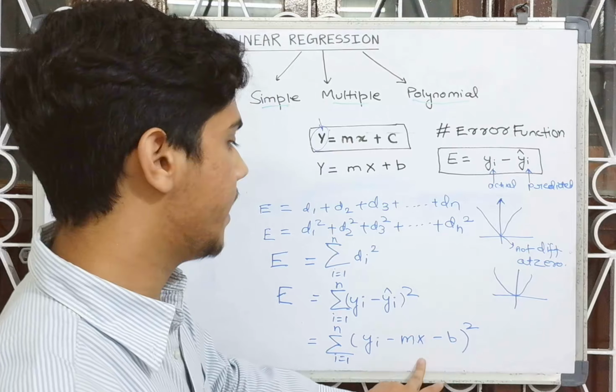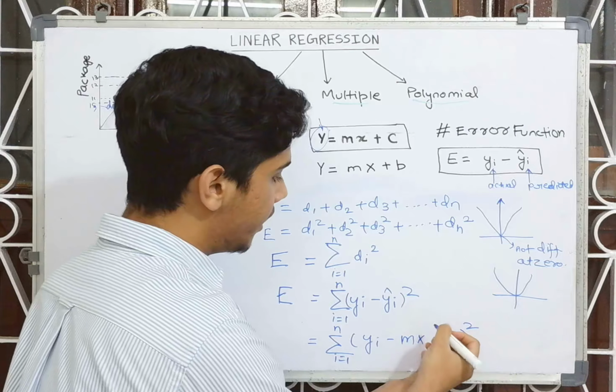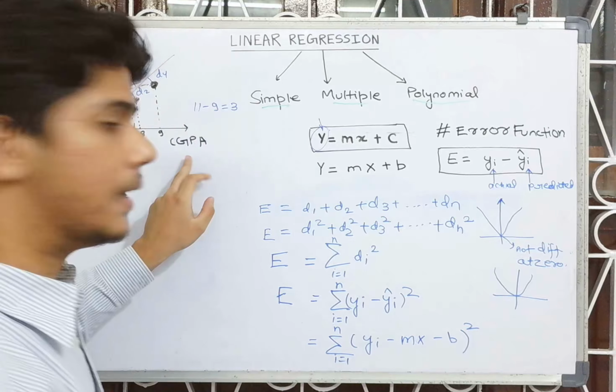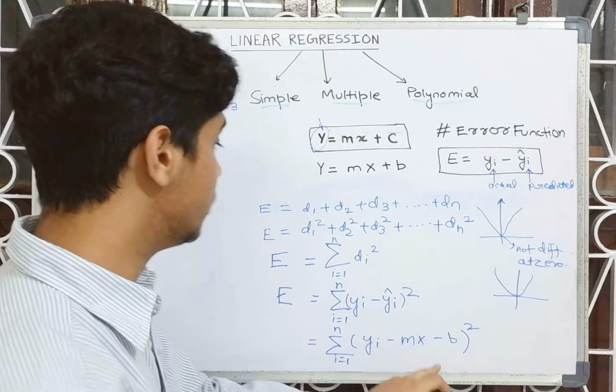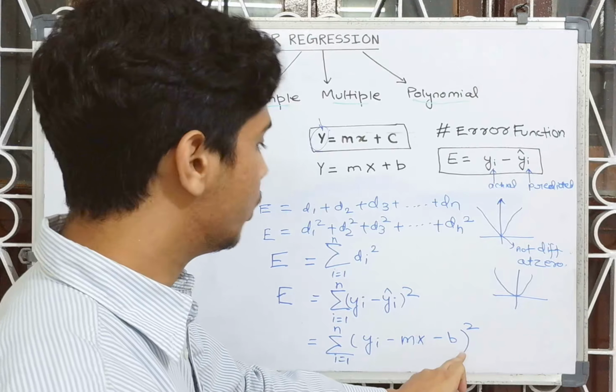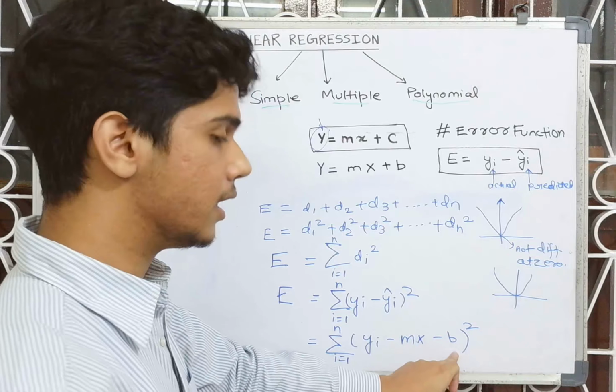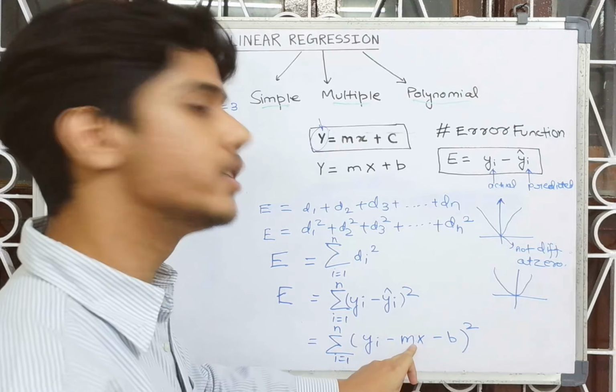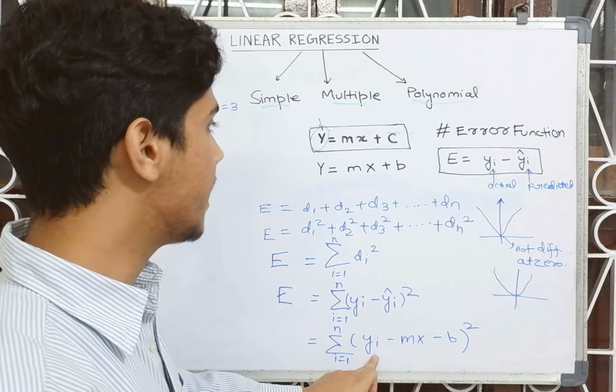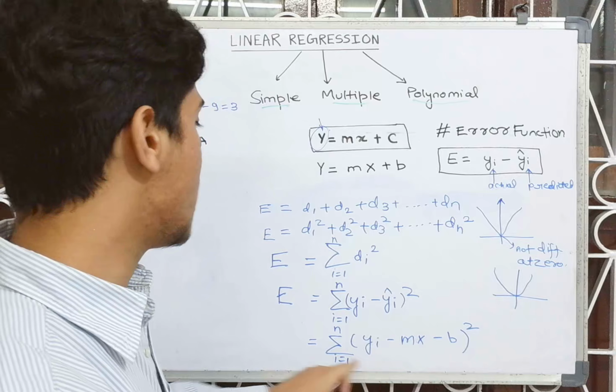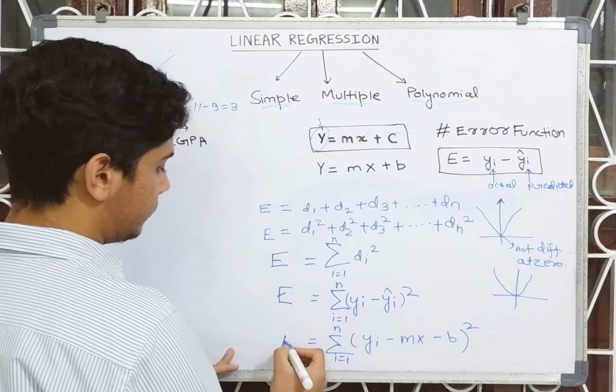Where x is our given data. Like for us it was CGPA, so we can put the CGPA in x, b is nothing but intercept, and m is slope, where yi is the actual value, and we can calculate the error.